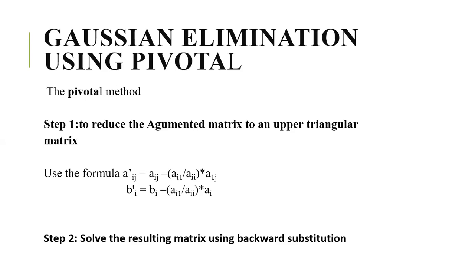In the reduction process, you're going to make use of these standard formulas, as you see here. I'm sure you've noted the formulas down; I sent them to you in the previous slide. We're going to make use of these formulas for the elimination.